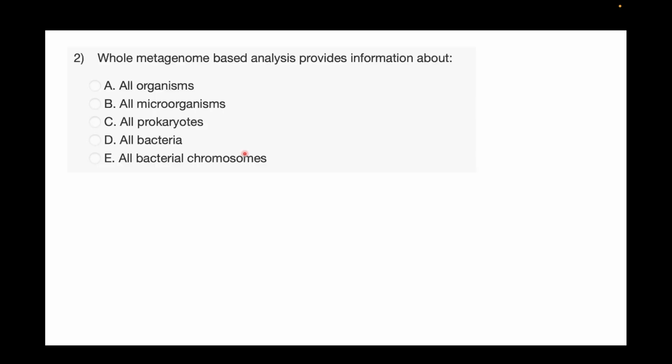Okay, I think it's time to check for answers. Ashwini says option B. Let us find out what is the correct answer to this question.